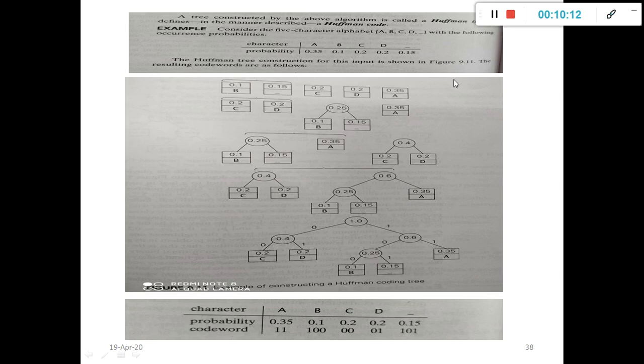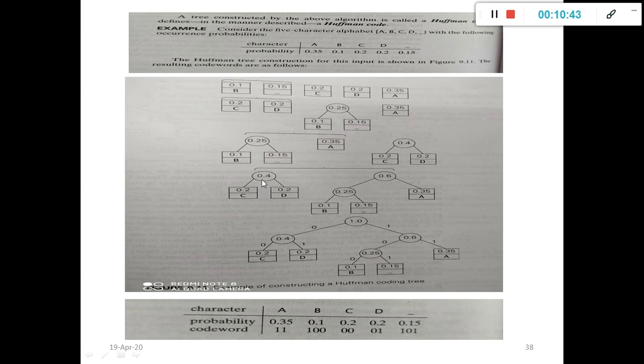Make the addition of 0.25 plus 0.35 and you will get the root value for the third tree. You have to reorder the trees with their probability values: the third tree has the probability value 0.6 and another tree has the probability value 0.4. Again you have to make a sum of 0.4 and 0.6. These are two separate trees.